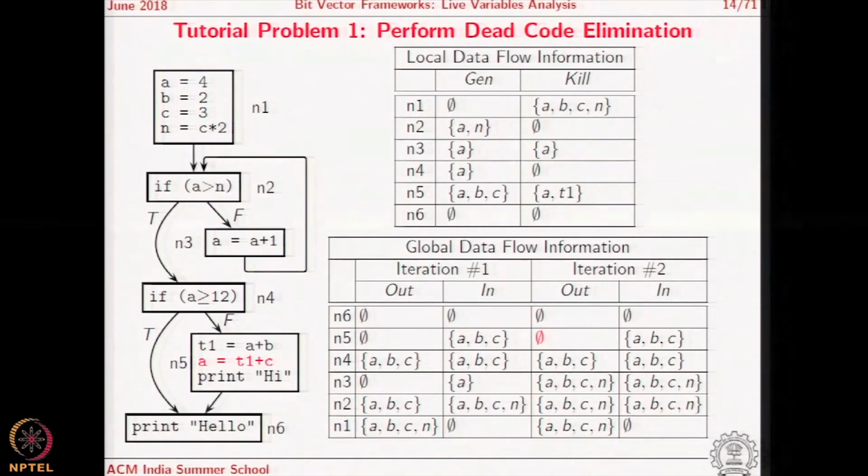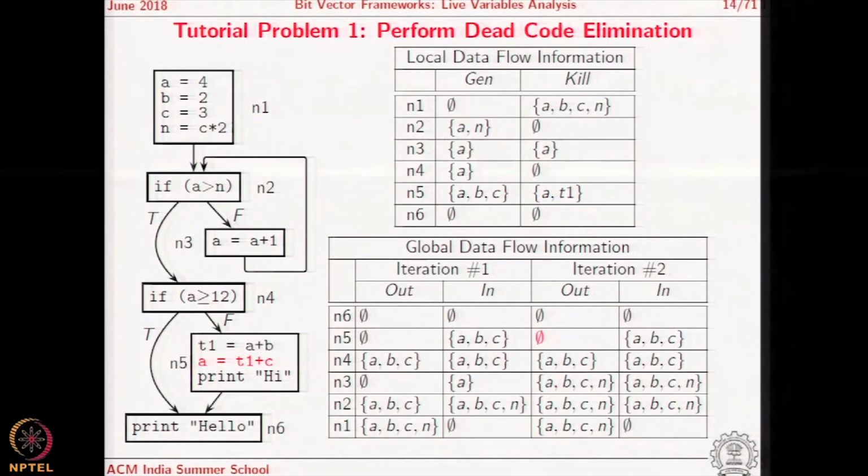The out will tell you what is happening at the end of this block. Then you have to look within the block and find out whether there is any use. So, for example, you cannot remove T1 plus this because there is a use of T1. So, you will have to examine within the block. Now, within the block these are the only 3 statements, there is no use of A. Remember in the morning we talked about the last occurrence.